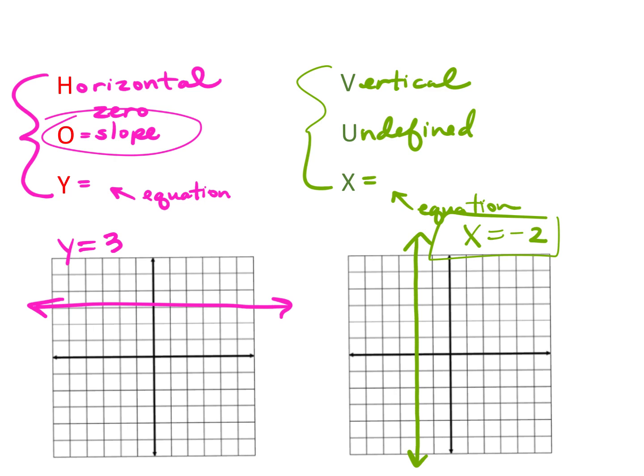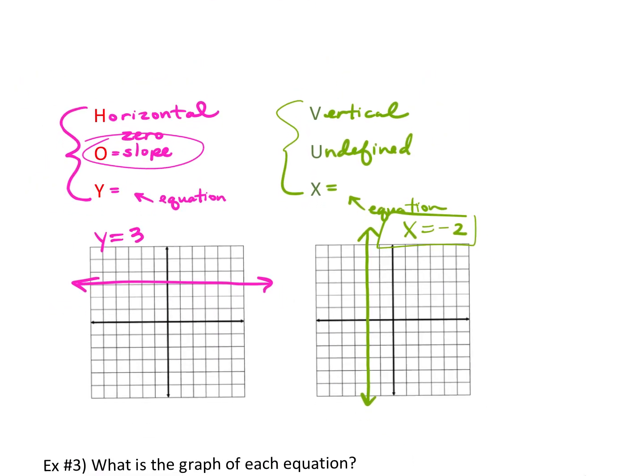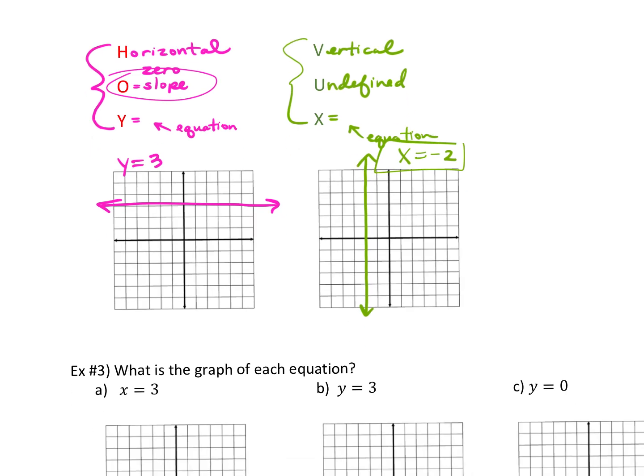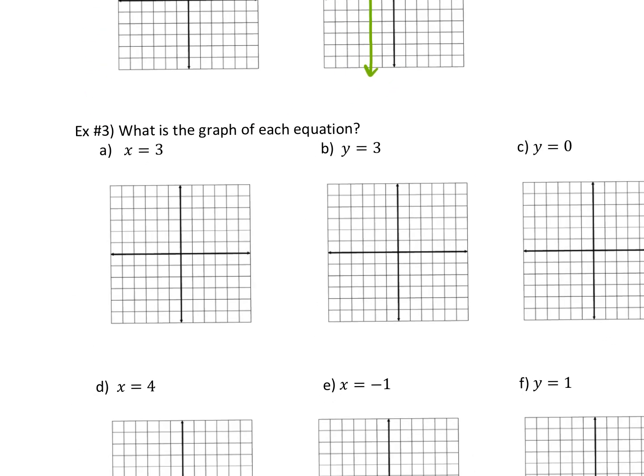Why is it y equals 0? Oh, like for the graph. We'll get there. Okay, so if you're going to graph an equation and it says x equals 3, you think, okay, HOY, nope, VUX. Yes, the x, right?